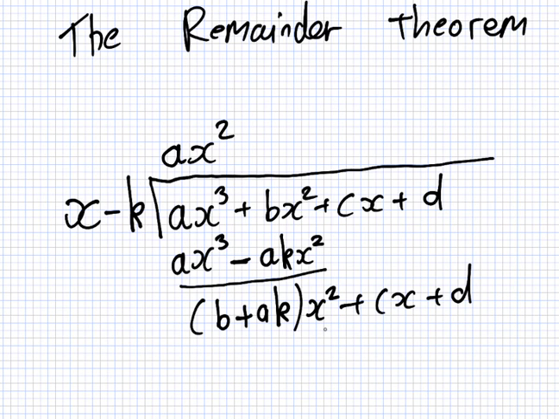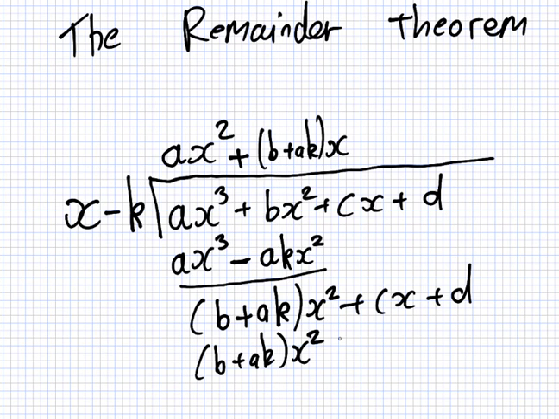This is a formula. Right, so what do I need next? What's next? X, good. So this will be b plus ak x squared minus k, bk plus ak squared, good, x.